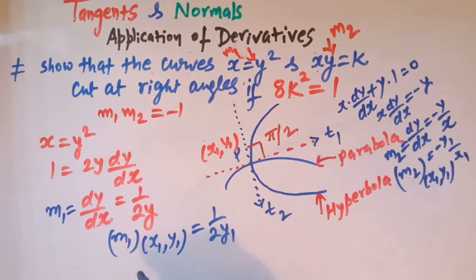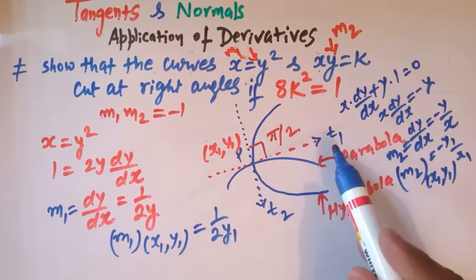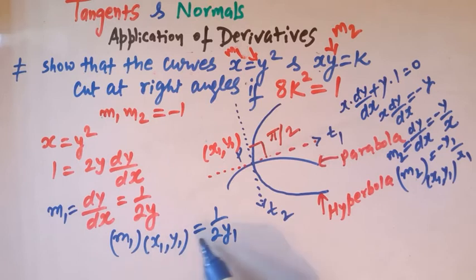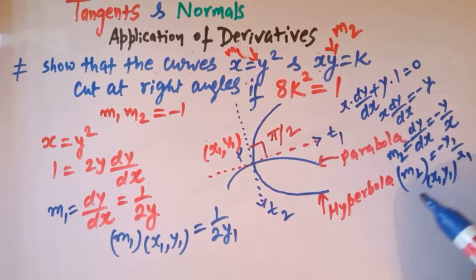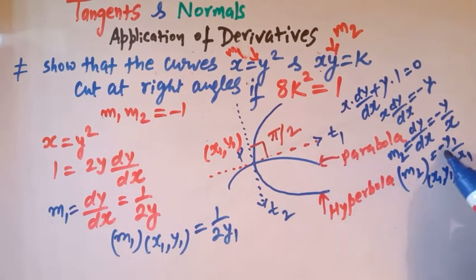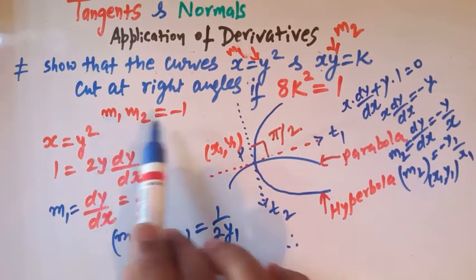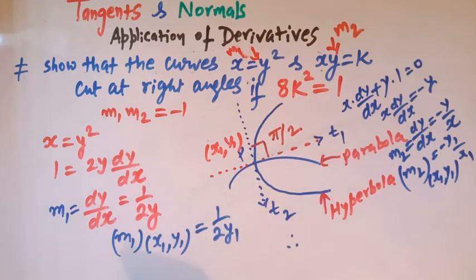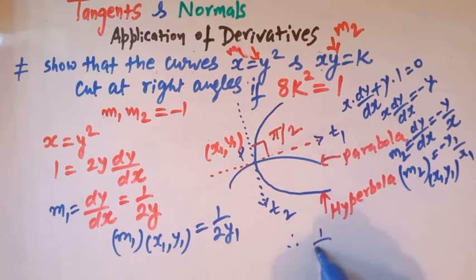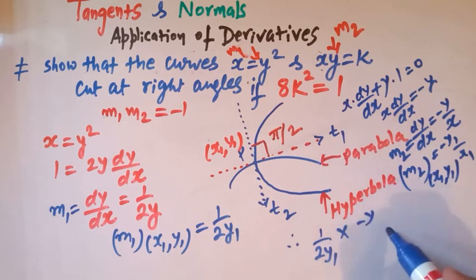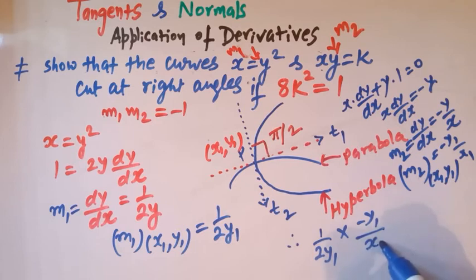So we have obtained the slope of tangent t1 as m1 equal to 1 over 2y1, and the slope of tangent t2 as minus y1 over x1. Now we'll apply this result: m1 multiplied by m2 gives minus 1. So 1 over 2y1 multiplied by minus y1 over x1 is equal to minus 1.